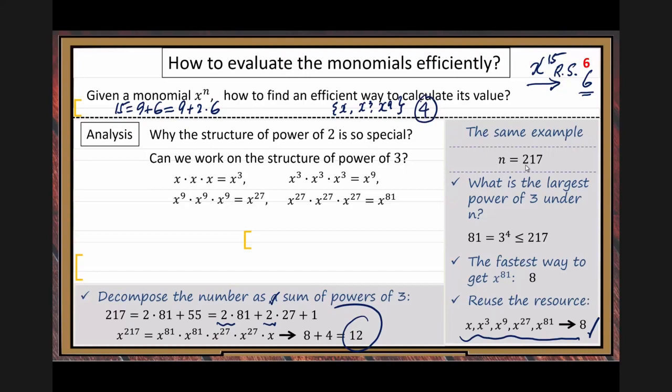Then in the second round, when you form x to the 15th, x to the 9th times x to the 6th, how many more do you need? 2 more. 4 plus 2, also 6.